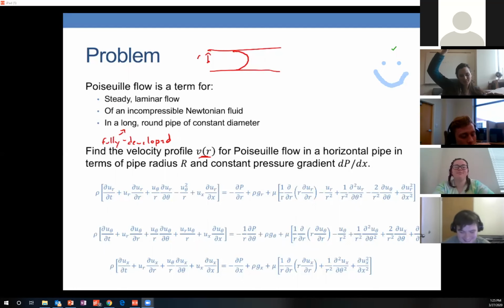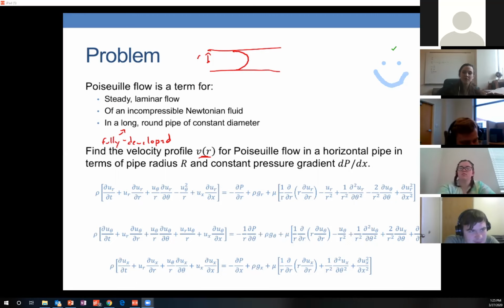Yes, that is what it means. Right when you get into the pipe, the velocity profile is kind of changing as it goes along, but it gets fully developed and then it's just the same for the rest of the time and it's constant. Cool. So it is round, it is constant diameter. There is a name for this specific type of flow.